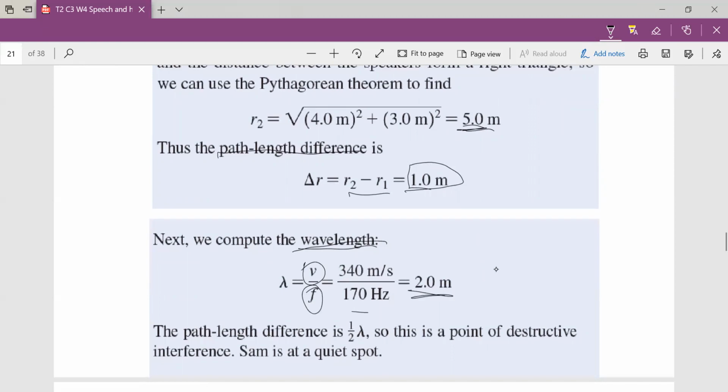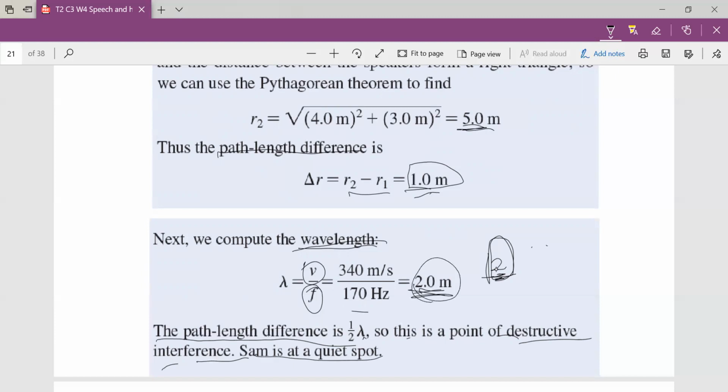So we see that the wavelength is 2 meters, but the path difference is actually half of what? The wavelength. So the path difference between the two is half the wavelength. Therefore, the path difference being half the wavelength tells us that this will be destructive interference. Sam is standing on the quiet spot.